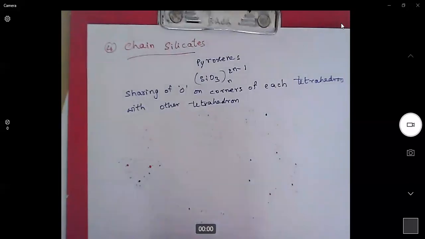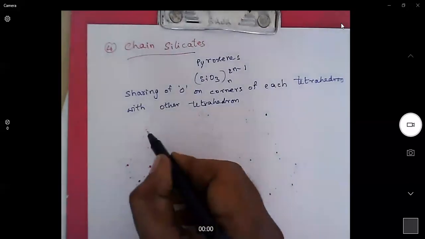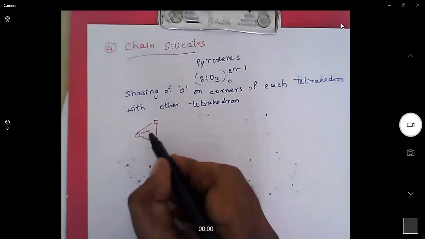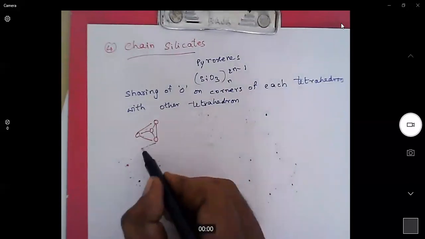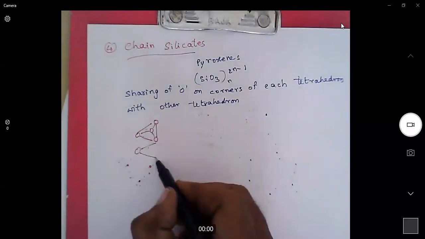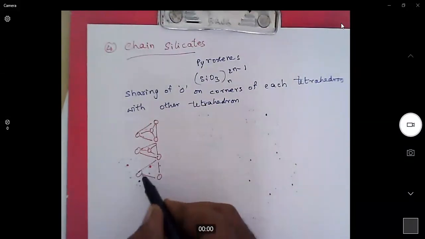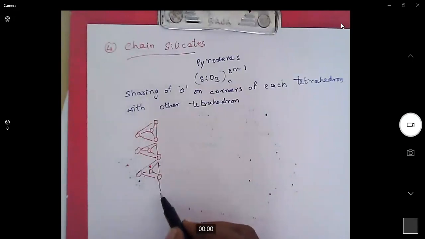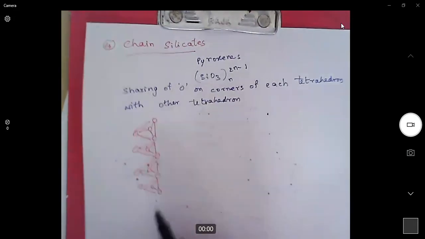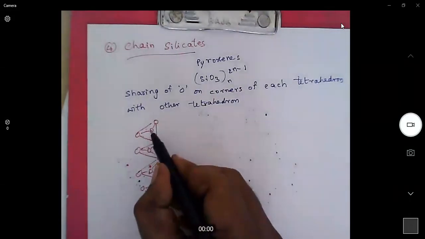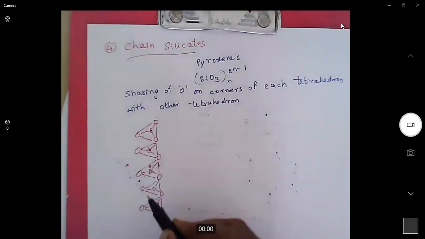I'll try to draw a model structure of chain silicates. These are chain silicates. These are straight-line chain silicates.